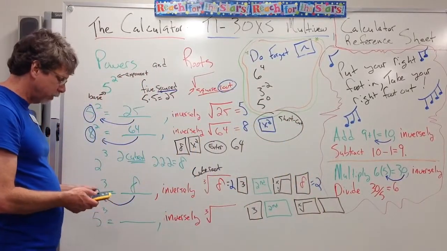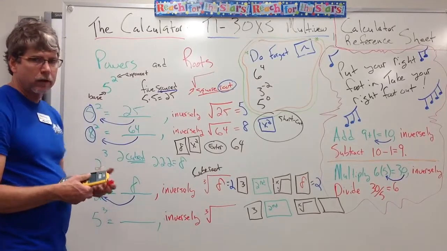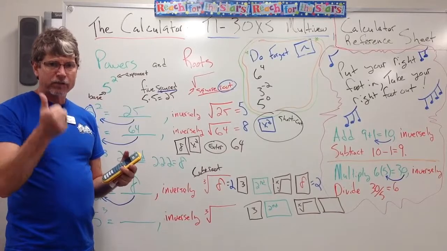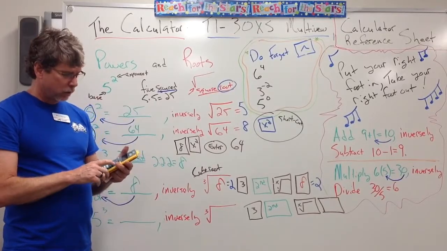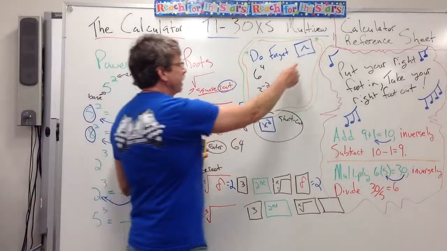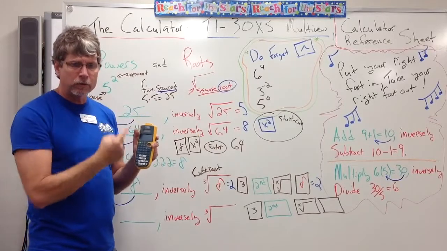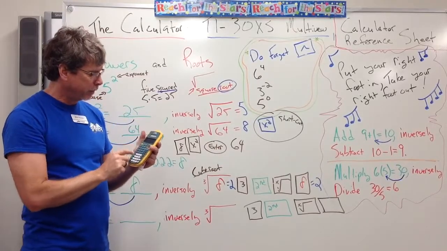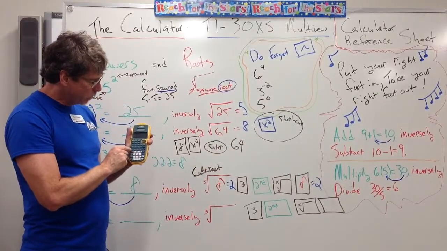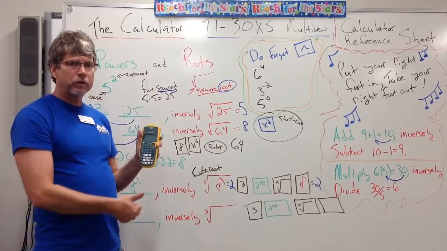Similarly, we can do 5 cubed. 5 cubed is going to be 5 times 5 times 5. Or on the calculator, I can go 5, and if I hit this rooftop key, it moves my cursor up into the exponent area. That little rooftop key right above the x squared, if I hit that, it moves the cursor up.